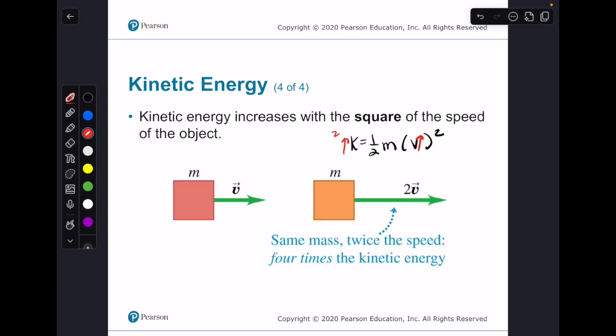An object with speed 2v will have a kinetic energy of 4 times the original value. If that's K prime, then the new kinetic energy will be 4 times the original because the speed is now increased by a factor of 2.